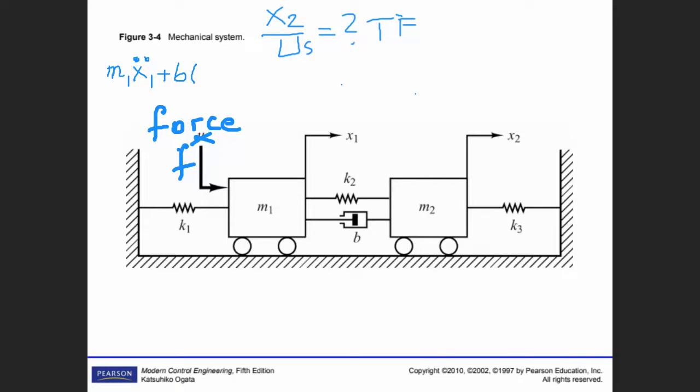So since X1 is our reference, X1 minus x2 dot, of course.